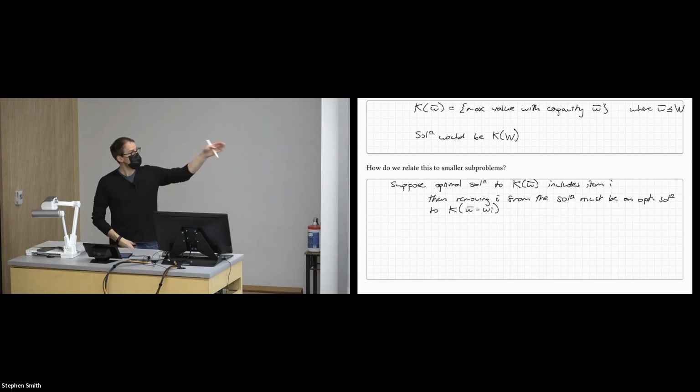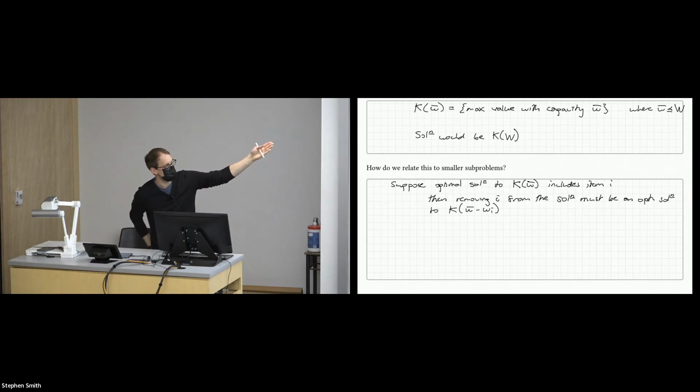Now, the problem is, of course, I don't know whether or not any given item i is in the optimal solution to K of W bar.